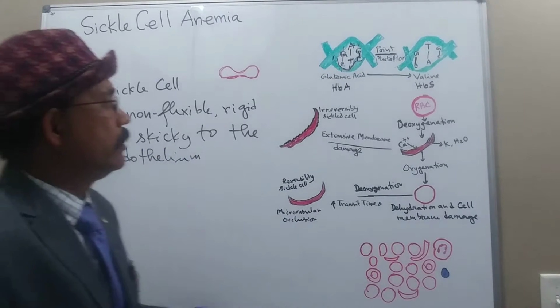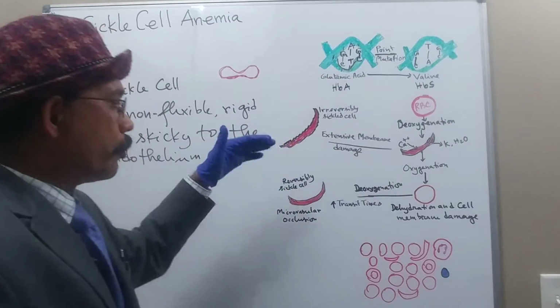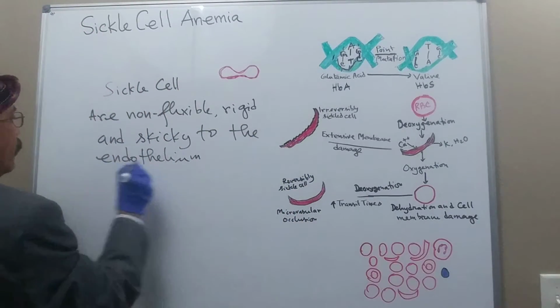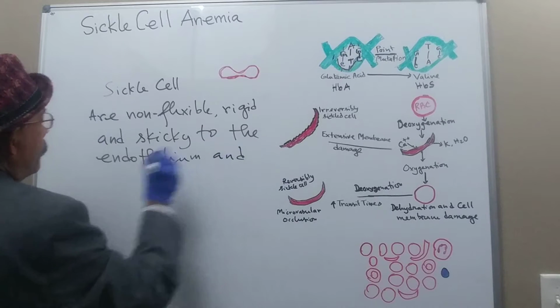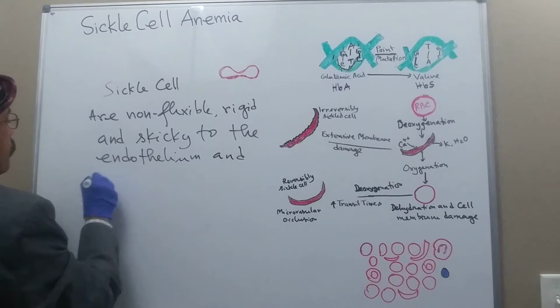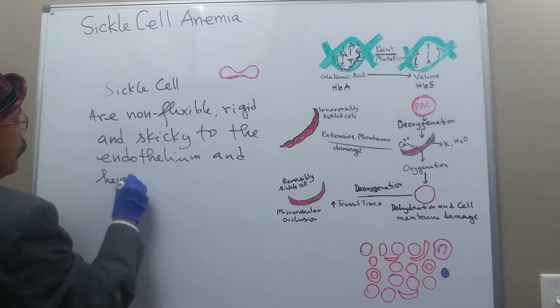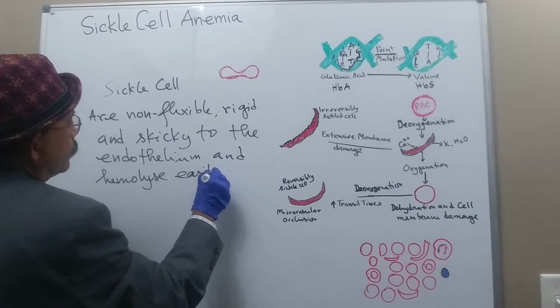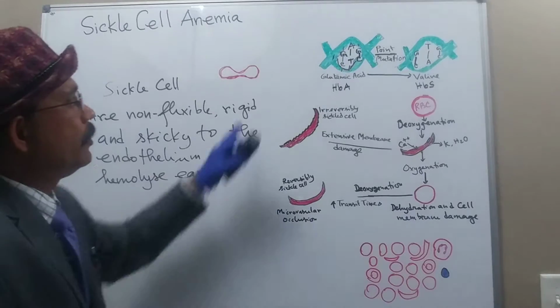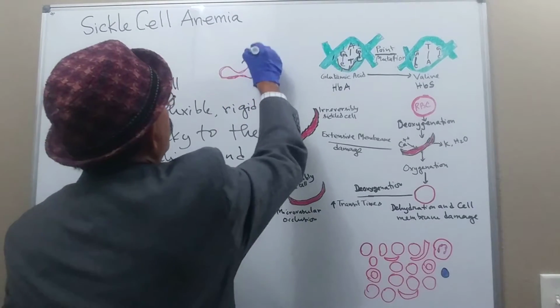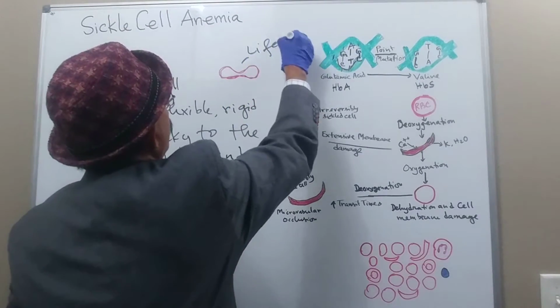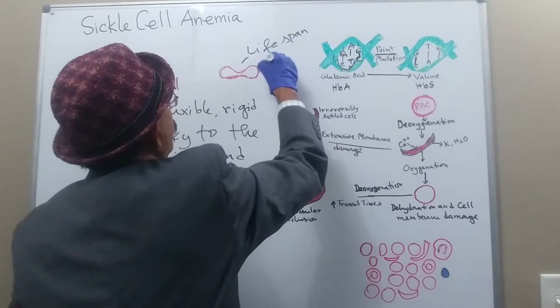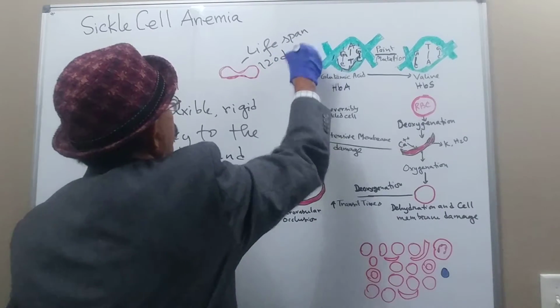Okay, and it is prone to hemolysis. It hemolyzes easily. So normal RBC lifespan is 120 days.